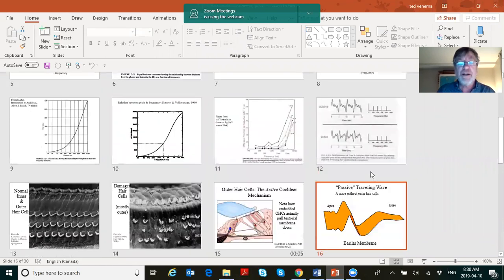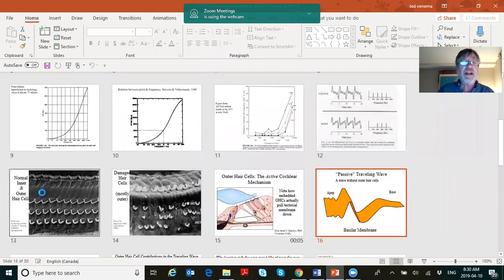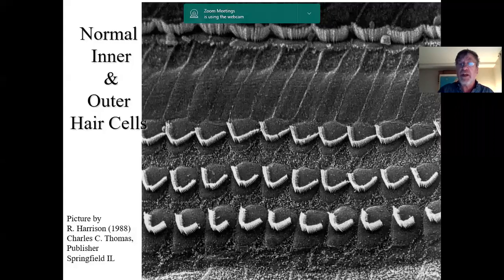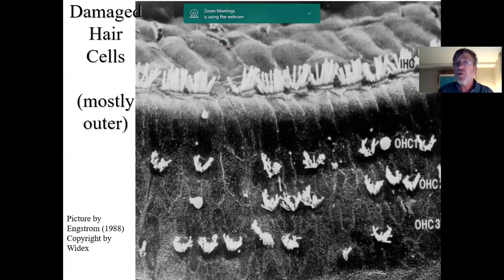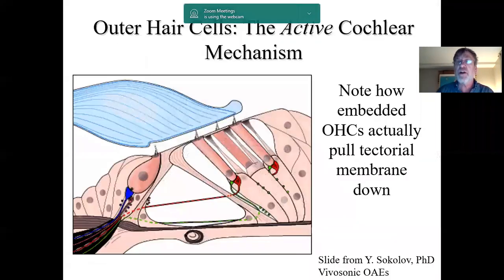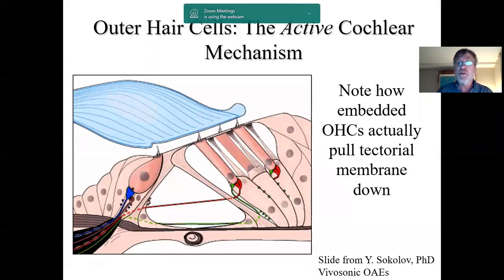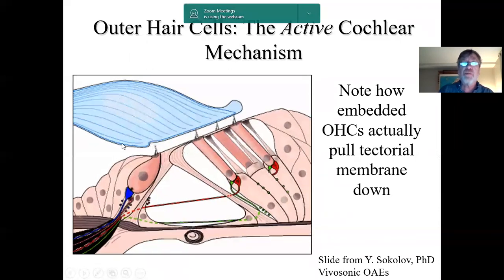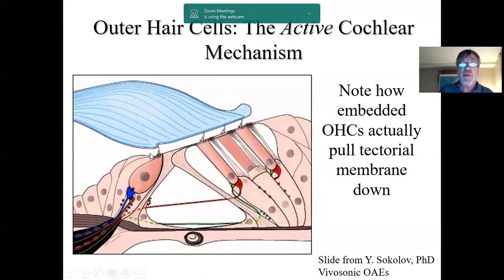What a drag. Okay, so you're looking now at inner and outer hair cells. And you're looking at damaged outer hair cells, mostly because damage happens to outer hair cells before inners usually. So what's the upshot of that? Well, here are the outer hair cells stretching and shrinking, pulling this tectorial membrane down so that the hairs of the inner hair cells can get bent.